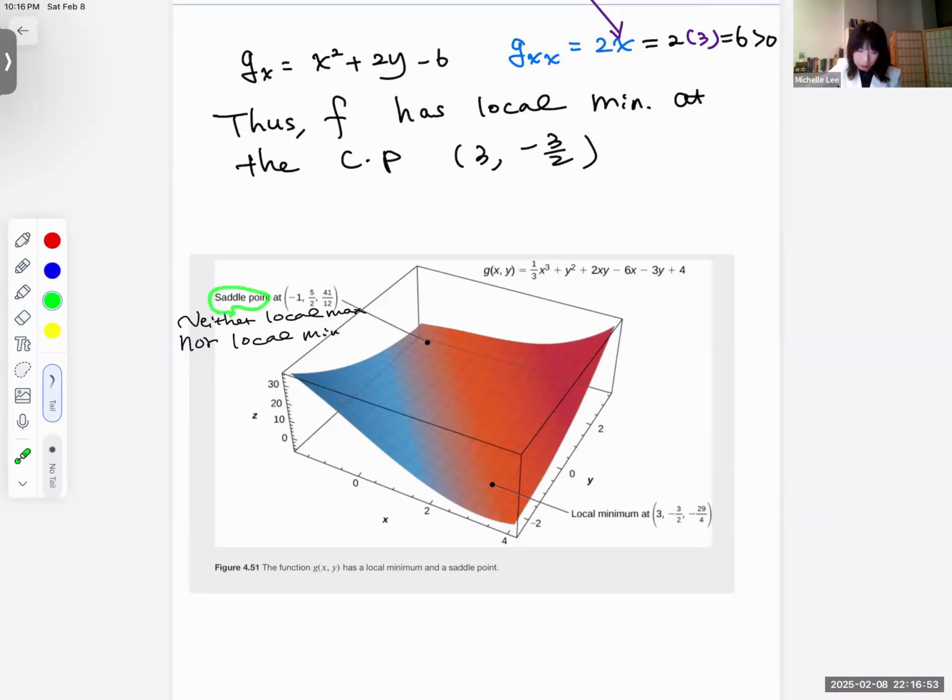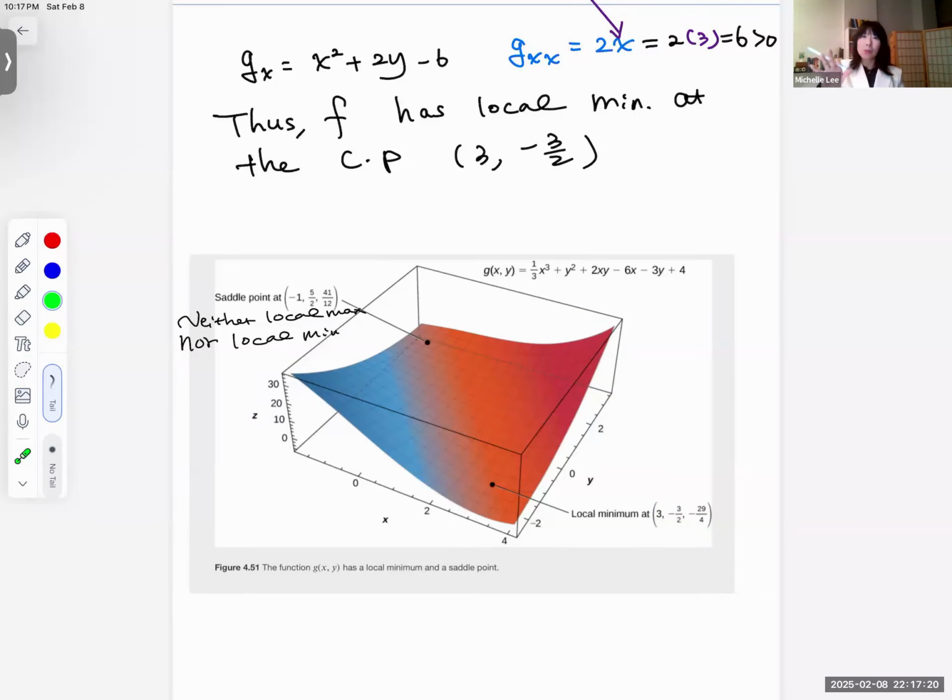This is a saddle point, -1 and 5/2, and then we can find the z. And this is a local minimum at 3 and -3/2. And if we plug it into the function, we can find the z coordinate, right? Okay.